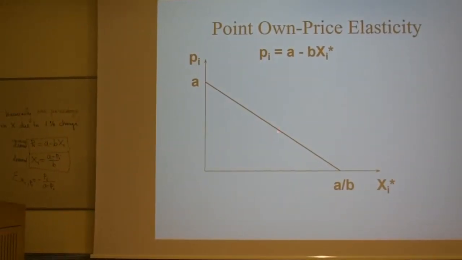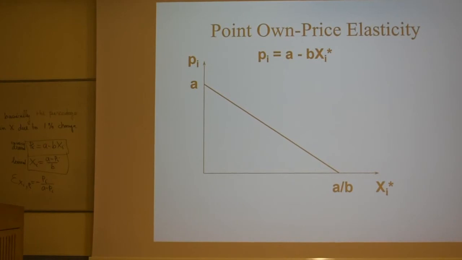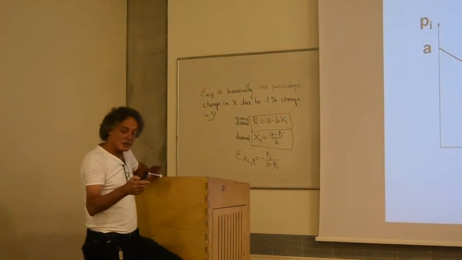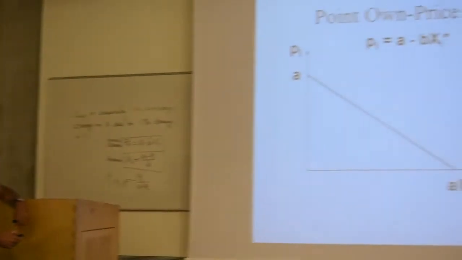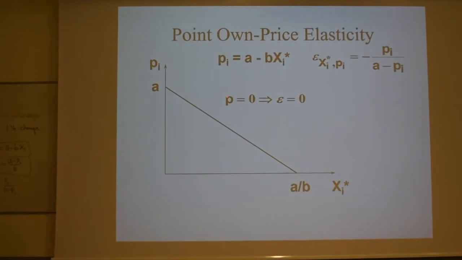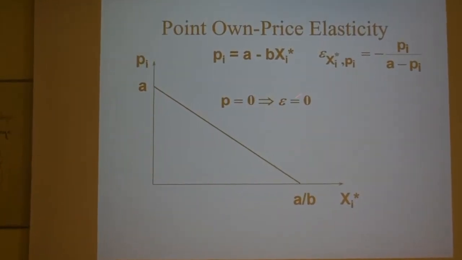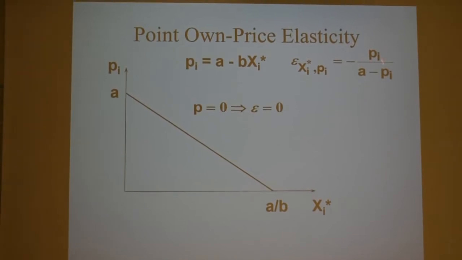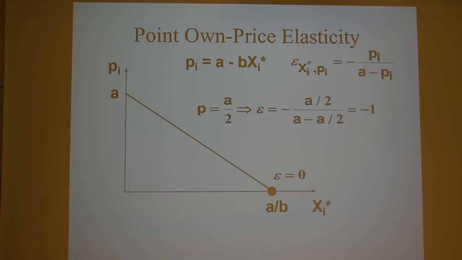At some point it is 1, and it is called unit elasticity of demand. It has some properties, but slowly. So at p equals 0, the elasticity is 0. 0 over something, 0. Now we'll jump here. A minus a, I divide by 0, it's infinite.